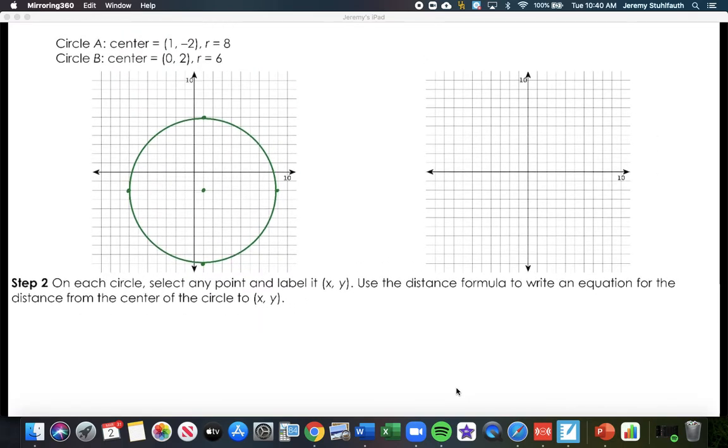Now let's look at our second circle. We have a center at (0, 2) and a radius of 6, so we count 1, 2, 3, 4, 5, 6 in each direction. Then we draw in our circle using Notability's feature for creating a perfect circle.